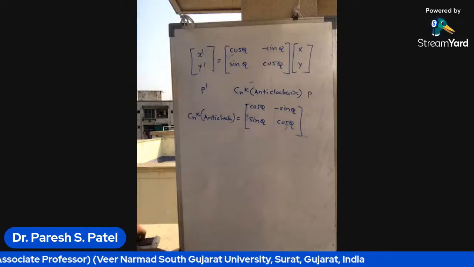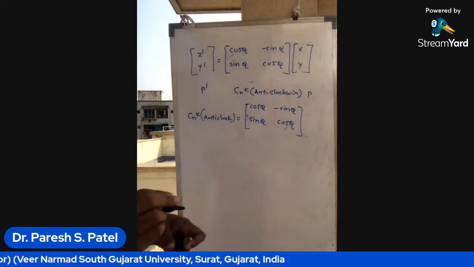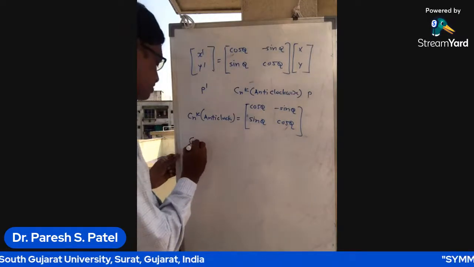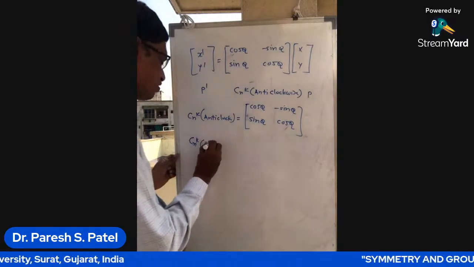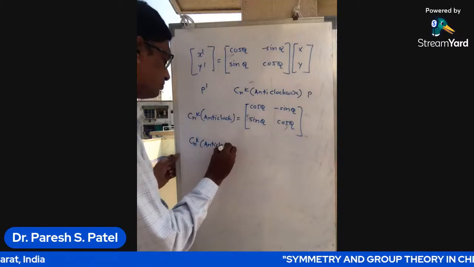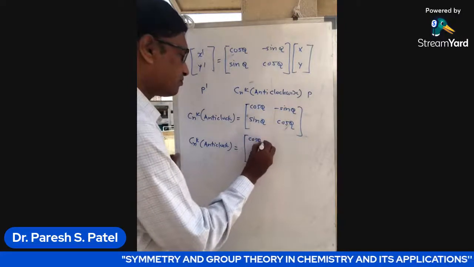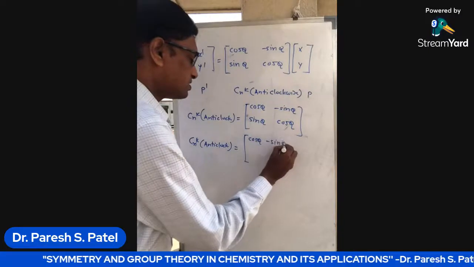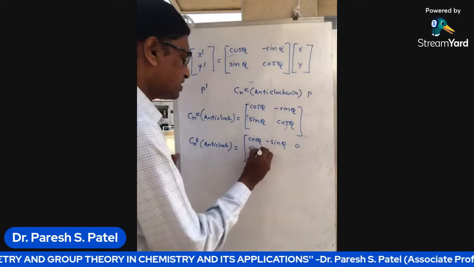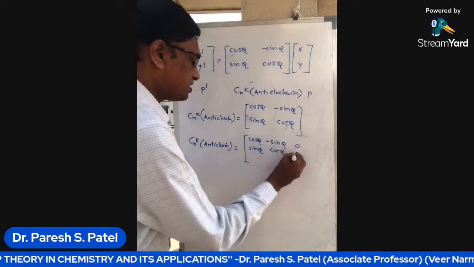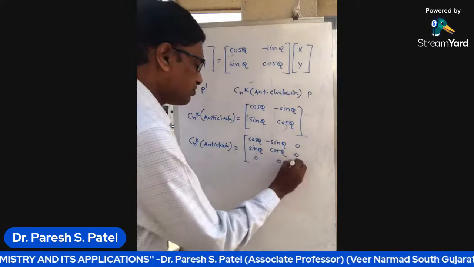Now this is a two-dimensional system. We can extend it to a three-dimensional system. So C_k anti-clockwise is equal to cos theta, minus sin theta, 0, sin theta, cos theta, 0, 0, 0, 1.